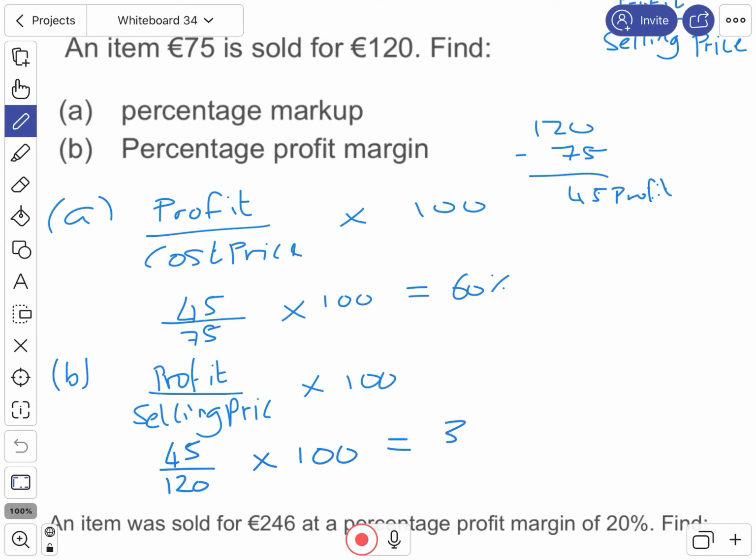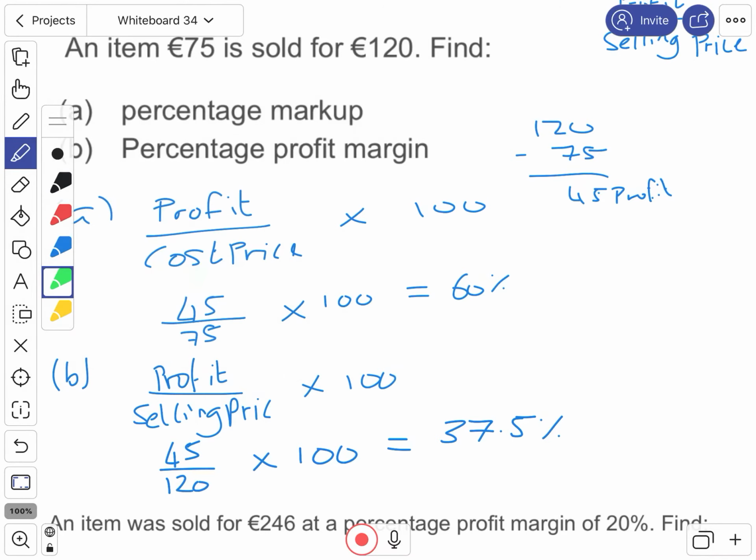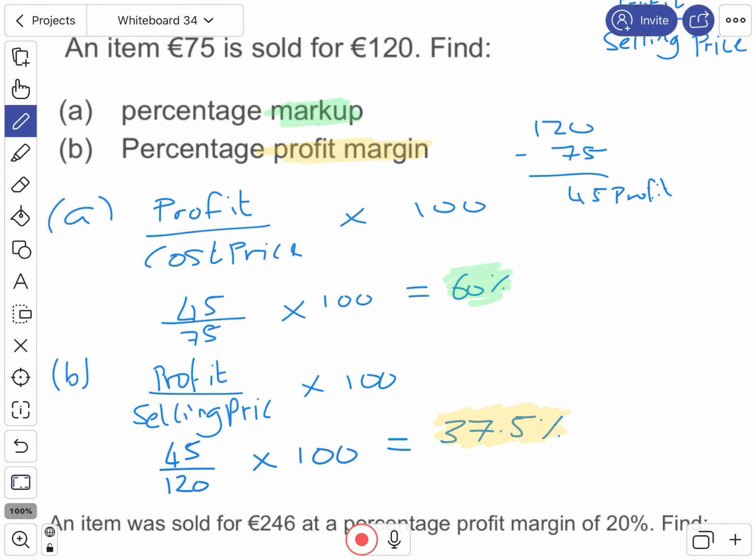Pop it into the calculator and I'm getting 37.5%. So there are my two different values. My 60 is my markup and my profit margin is 37.5.